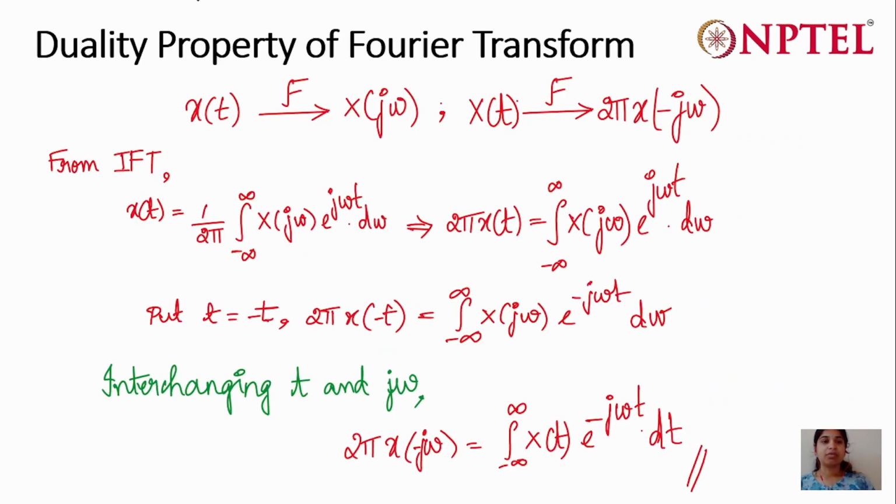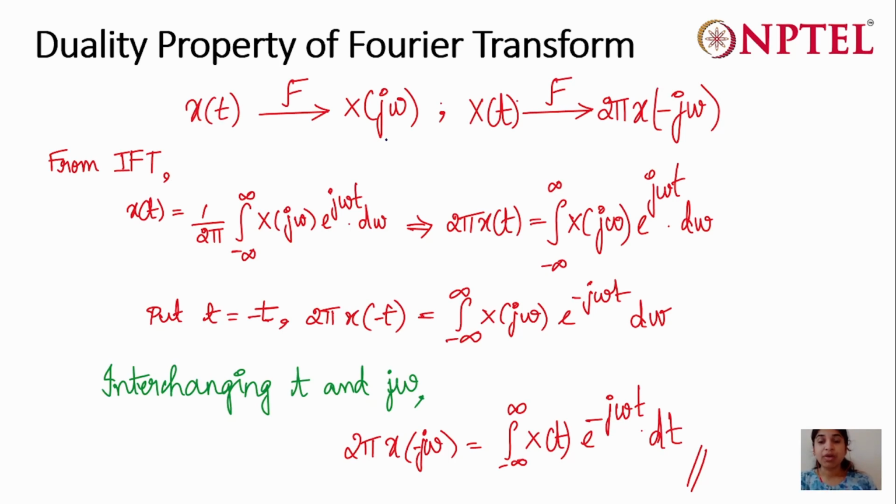Here we are making use of the duality property of Fourier transform. If I have small x of t, its Fourier transform is capital X of j omega.